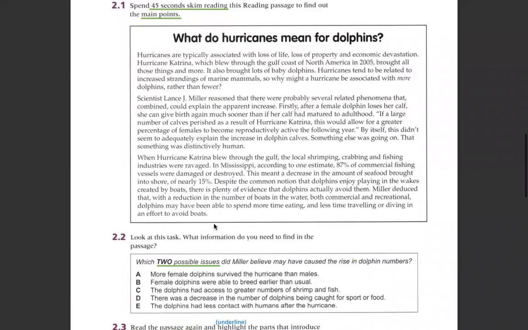All right, so before we look at the question, let's quickly skim read. So I'll give you 45 seconds, just skim read the passage to find out what it's about.